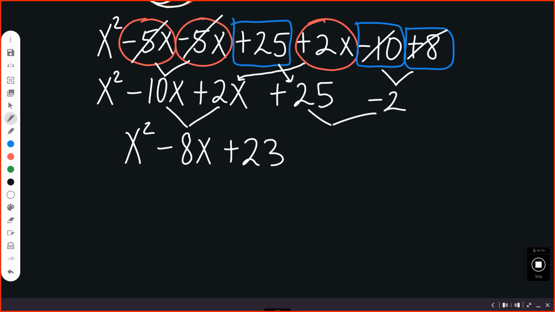Now I can't combine anything else, and it's written from highest degree to lower degree, descending order, so that is as far as we can go. The proper way of writing this is to say that the function f of g of x is equal to this quadratic.